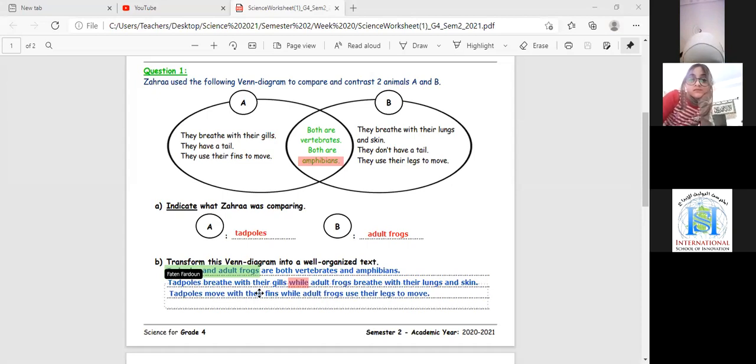Okay, we still have the last sentence. Look, we should use the word while to compare them.